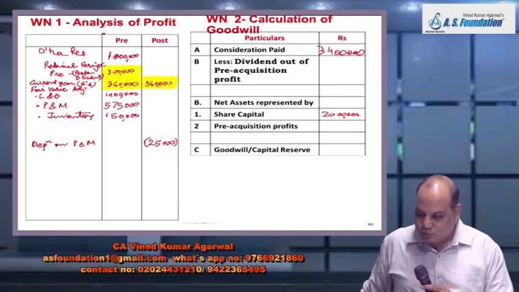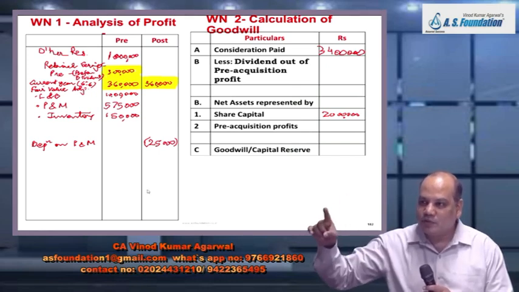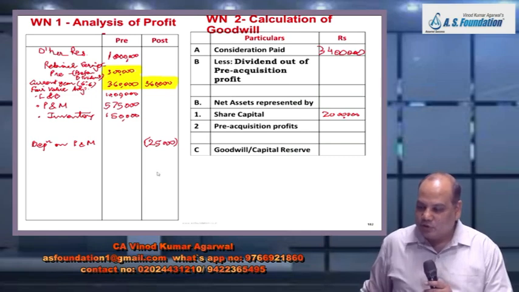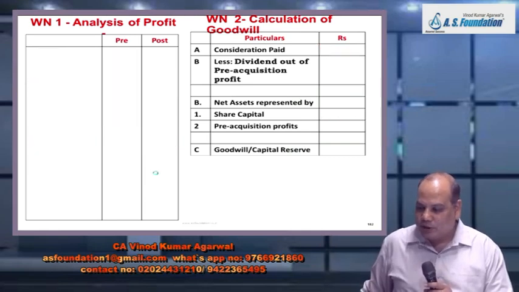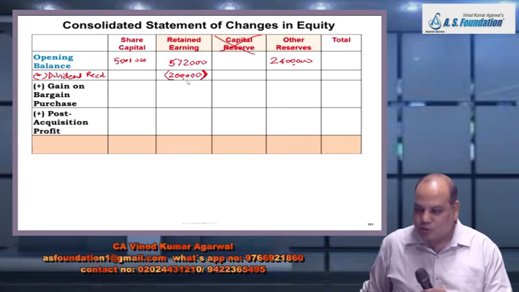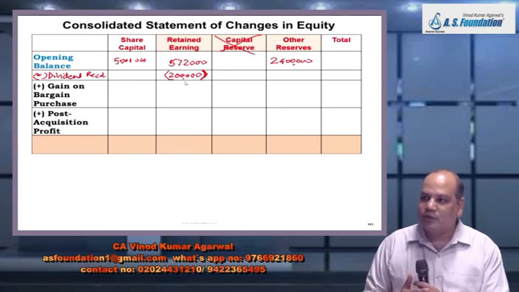Parent. Who will also enjoy this profit? Parent. So when I write the total below, it will go to parent. So parent has received the dividend. So the second effect of that dividend paid, we will directly reduce from parent's retained earning. So that effect will get nullified.